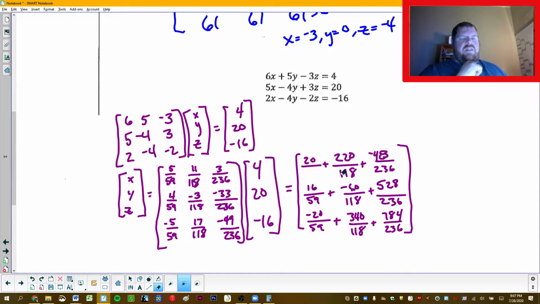I think that that's going to make life easier. But what that means is now I have to multiply this numerator by 4 and this one by 2. Like I said, not sure if that's the easiest way to go.